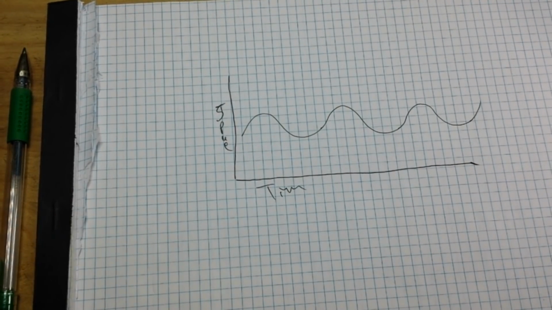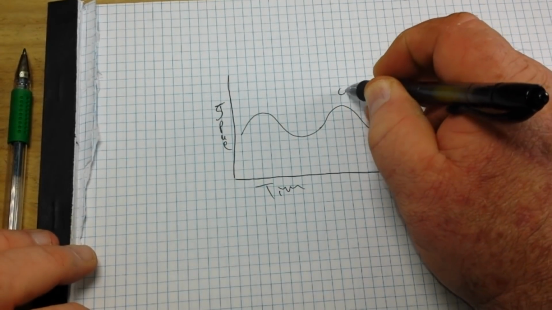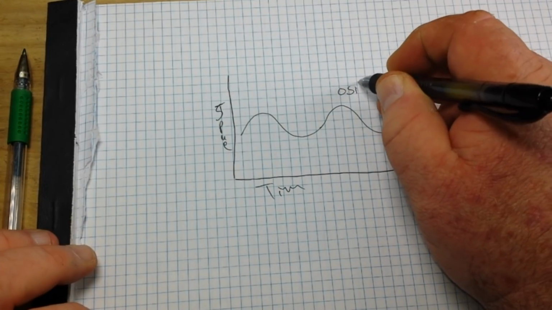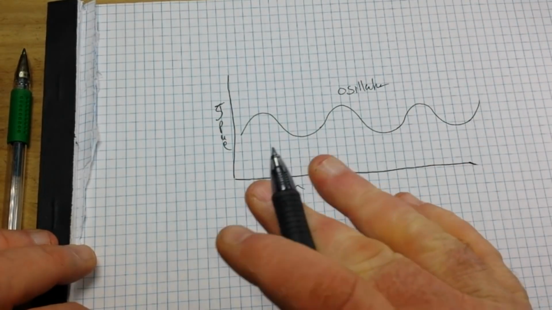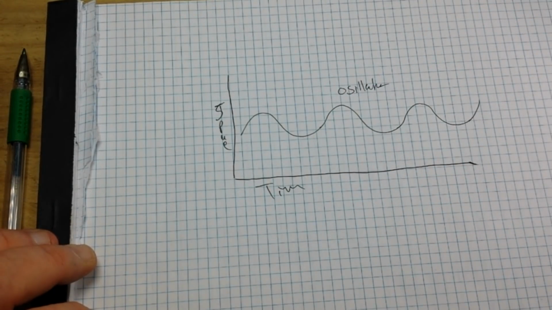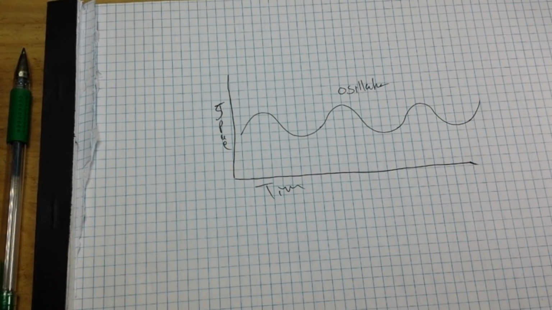Sine wave, square wave. At this part, it really doesn't matter, but we need to have a carrier. So the only thing we need for a carrier is an oscillator. It is going to give us a steady frequency that we can put our modulation on.